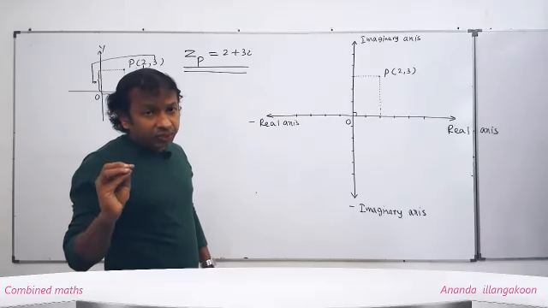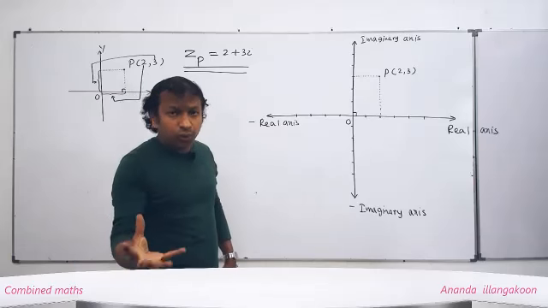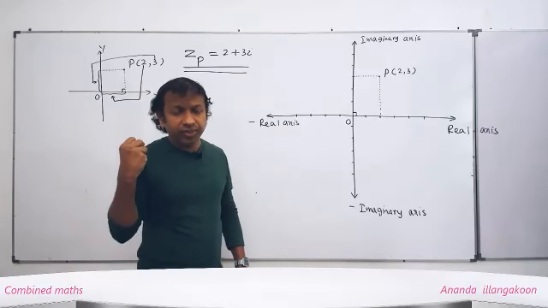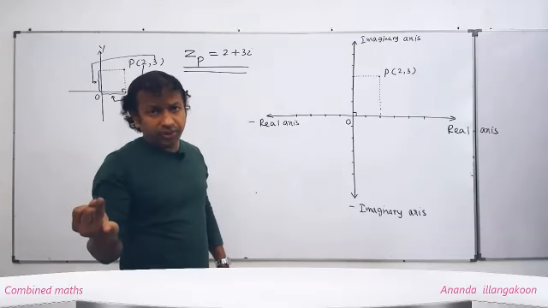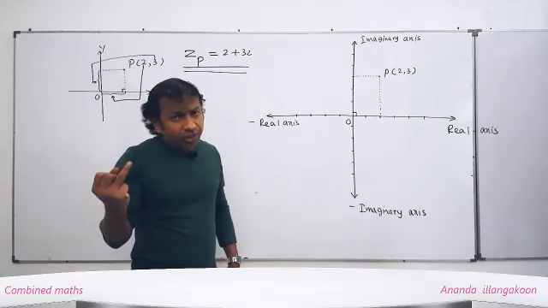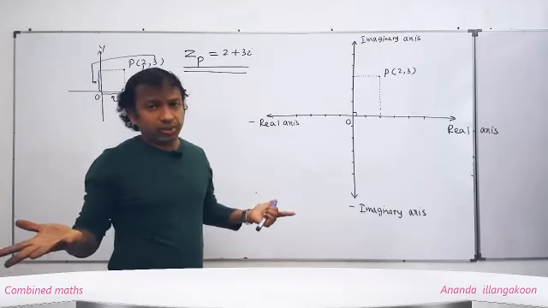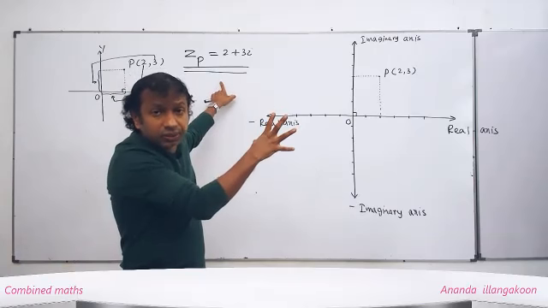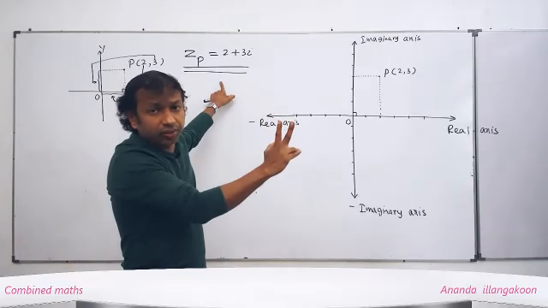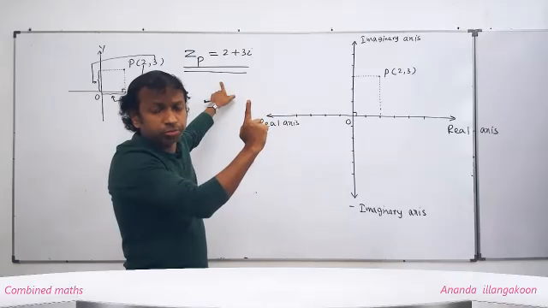Do we really get the complex number? No, not as it is. Then what do we get by the point? By the point, we get the real part and imaginary part. If you know the real part and imaginary part, we can write the complex number this way. So the point gives us the real part and imaginary part, which we need to write the complex number.